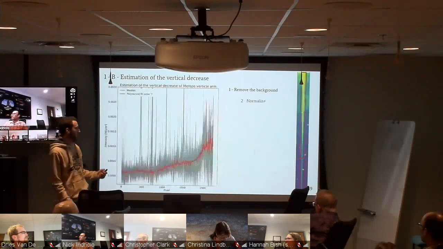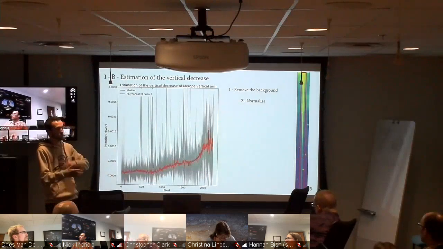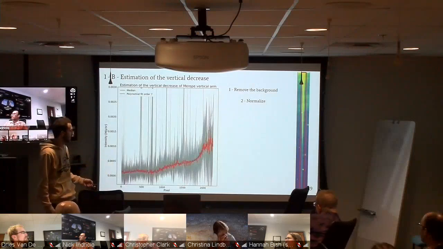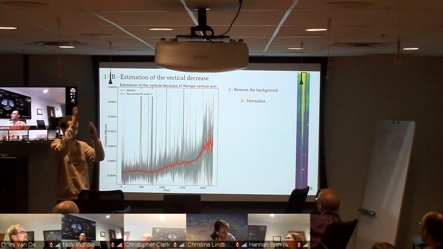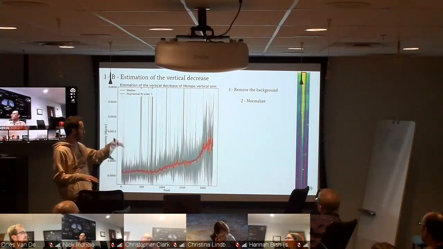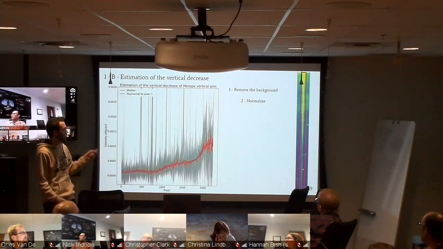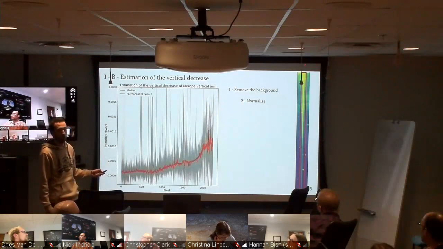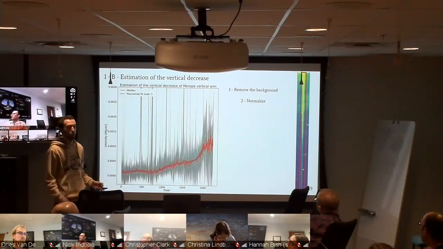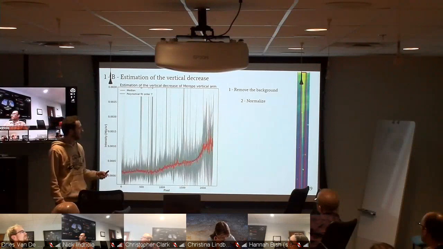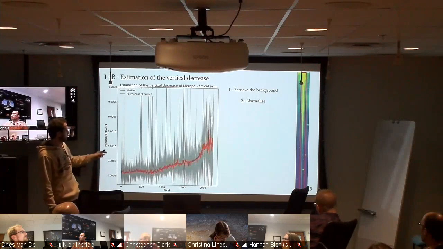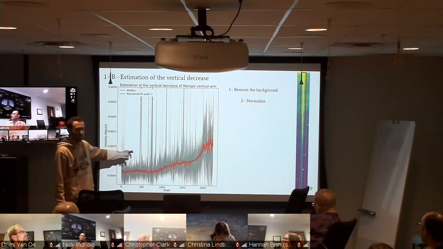Then I can remove the background, and since the background is removed, I will try to recreate the pattern, because you can see that here there is a kind of pattern. It's not just a line, there is some structure. To be able to recreate the pattern, I will normalize the arm. I take vertical slices all along the arm, for the 20 pixels which are there, and all those pixels give all those gray lines.